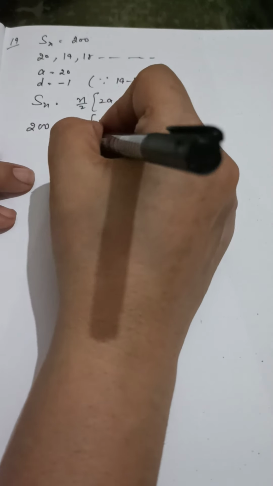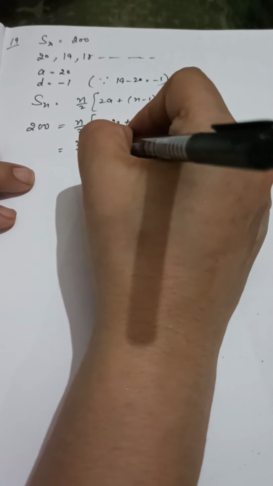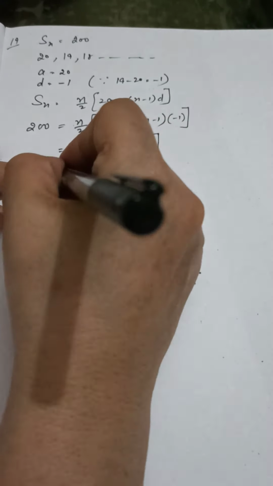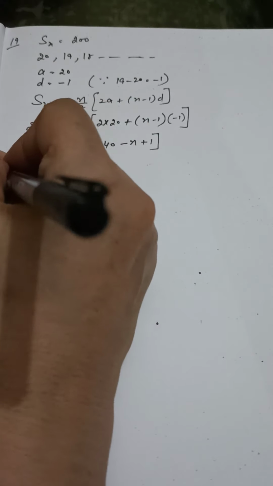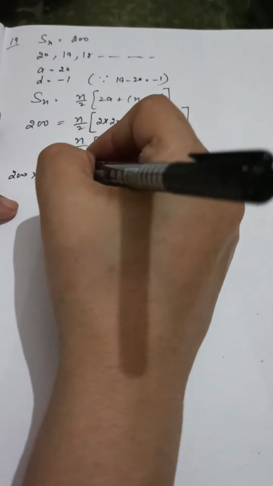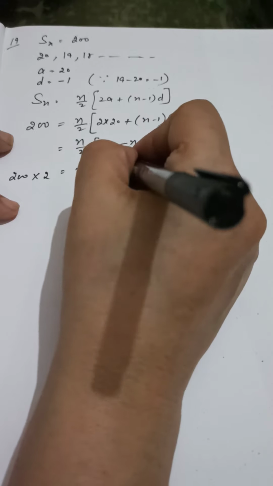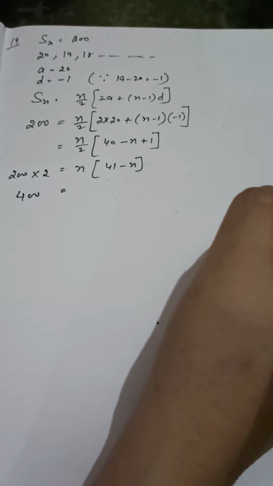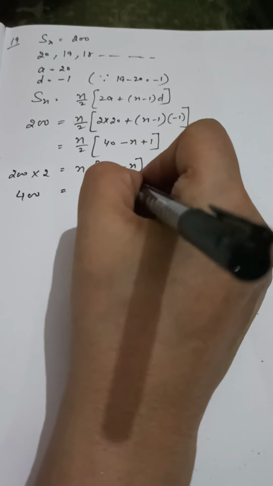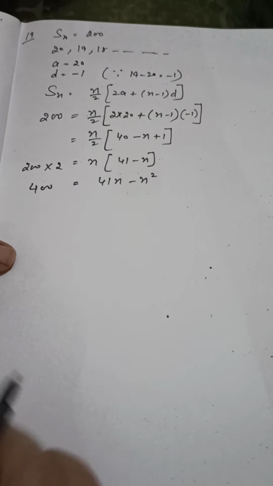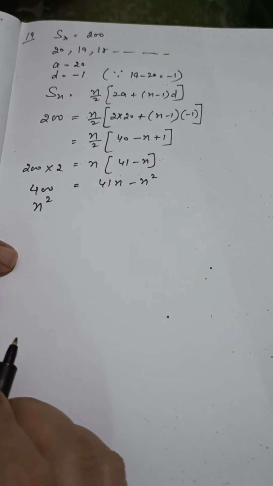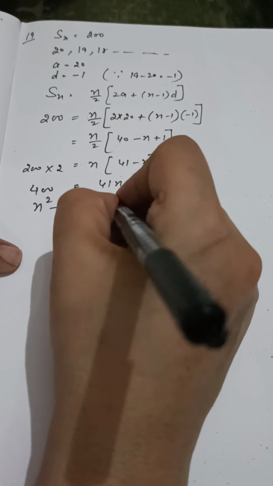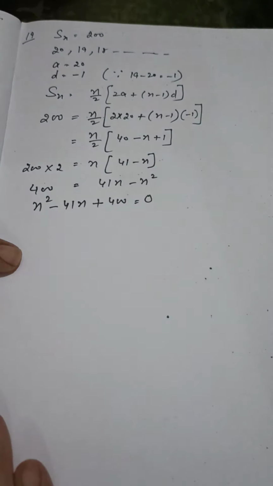N upon 2, 40 minus n plus 1. The 2 moves to that side, so that will be multiplied, n into 41 minus n. Again we got a quadratic equation, 41n minus n square. So convert it into quadratic form: n square minus 41n plus 400 is equal to 0.